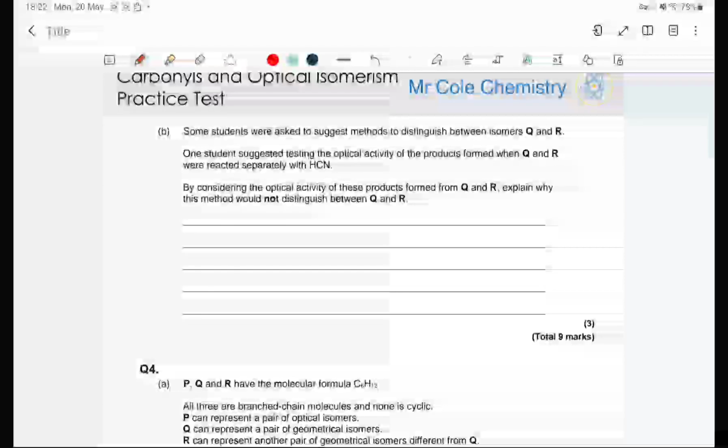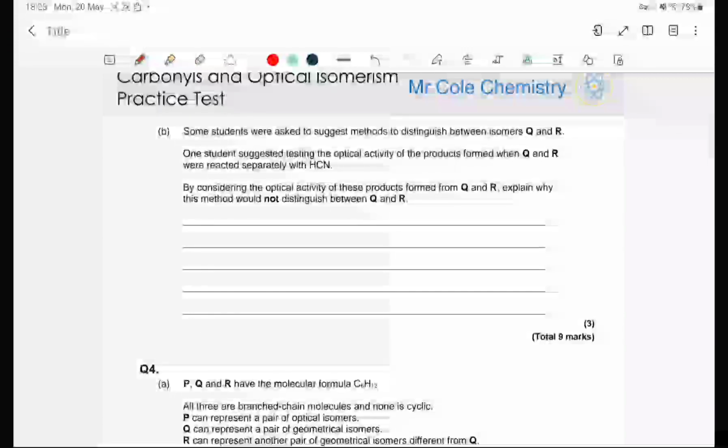Okay, so question B is looking into whether or not you can determine the products from the reactions of Q and R by looking at whether or not they affect plane polarized light. Now, when it comes to deciding whether something's going to affect plane polarized light, there's 3 different options.